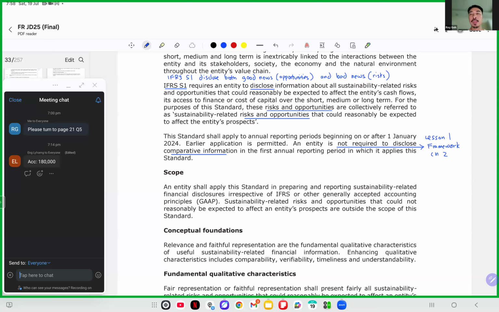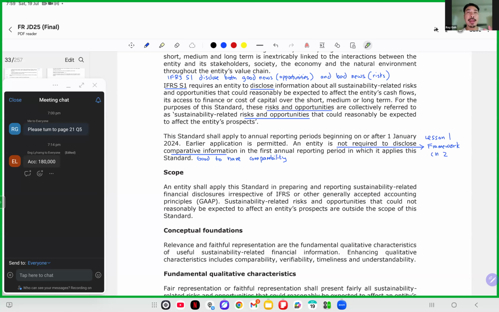Chapter 2. It is good to have comparability. If I don't have, doesn't mean that my financial statements are wrong. It is not wrong. So I want you to slowly understand why I teach you some standards first and then some standards later. Because the knowledge will flow.